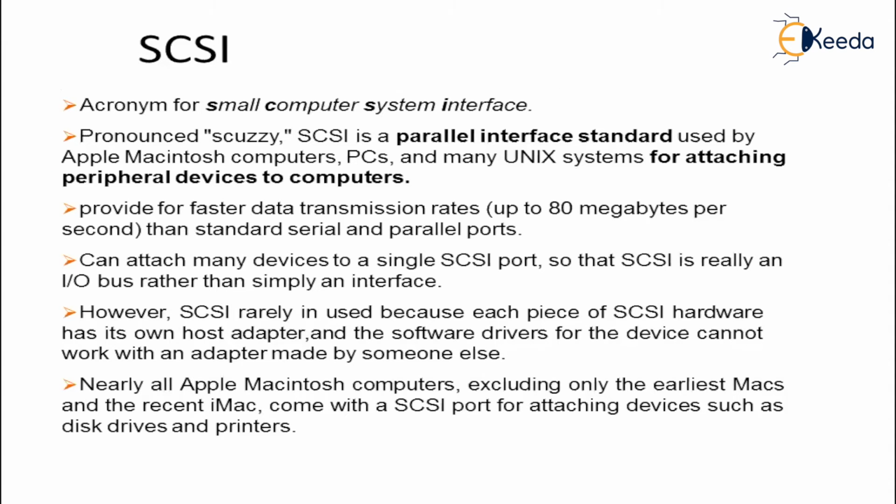Now, what do you understand by SCSI? The full form is Small Computer Small Interface, pronounced as SCSI. SCSI is a parallel interface standard used by Apple Macintosh computers, PCs, and Unix systems for attaching peripheral devices to computers.